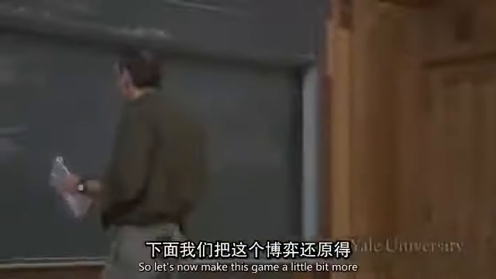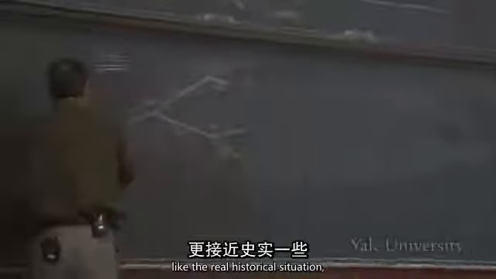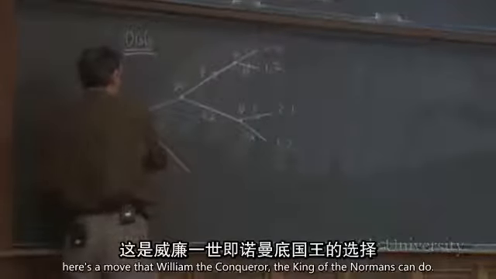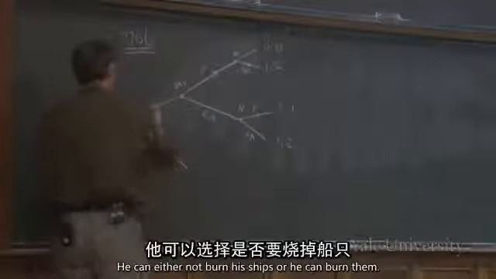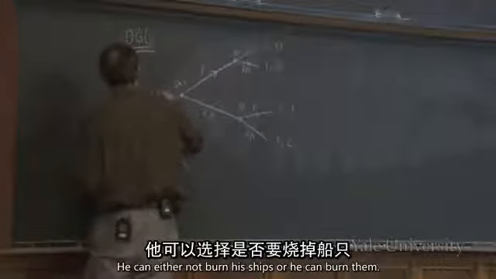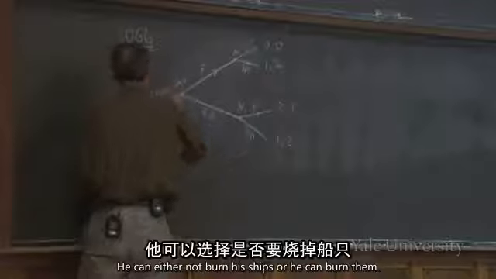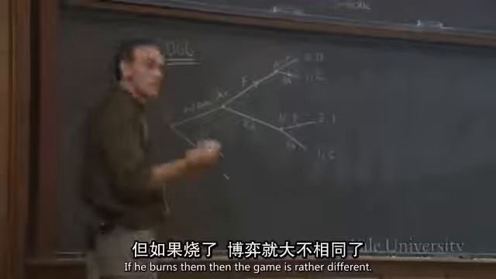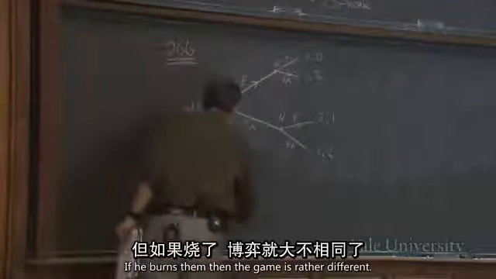So let's now make this game a little bit more like the real historical situation. Here's a move that William the Conqueror, the king of the Normans, can do: he can either not burn his ships, or he can burn them. If he burns them, then the game is rather different.